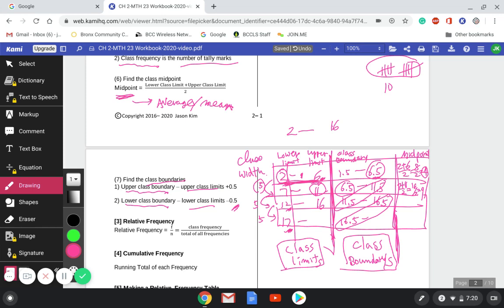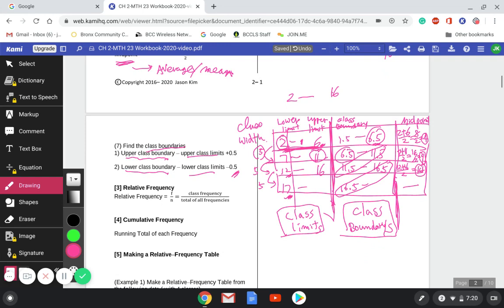So all this midpoint shows you where it's smack in the middle in that particular group or class. So all this small information helps you determine something. 12 plus 16 divided by 2 is 28 divided by 2 is 14, and so on. So that's how you find the midpoint.